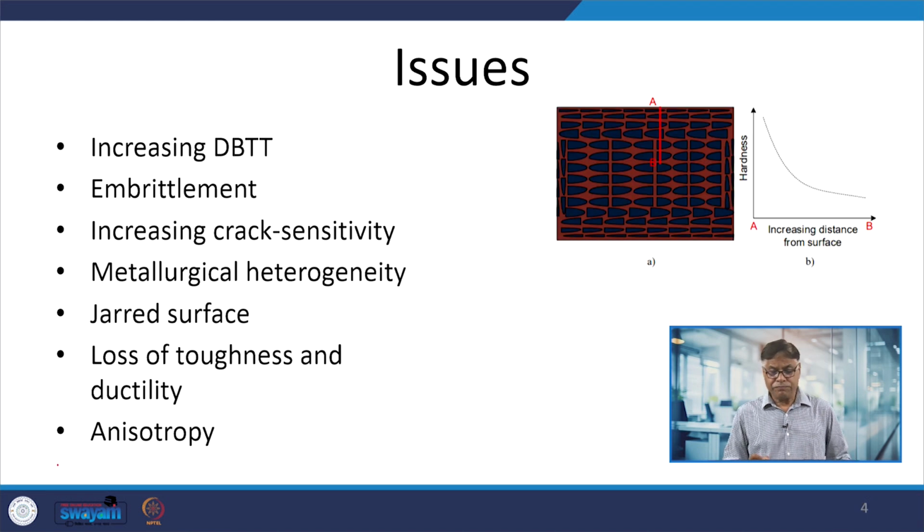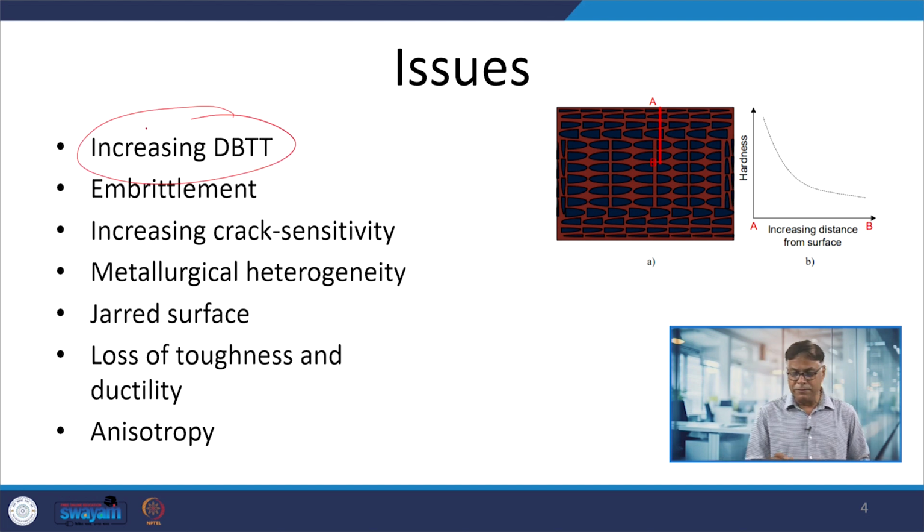Okay. So, when a material has been subjected to severe plastic deformation, it experiences a lot of undesirable changes, especially under low temperature conditions, such as an increase in the ductile to brittle transition temperature. Usually materials may show very good toughness at a high temperature. Say this is 0 temperature, this is the high temperature and this is the low temperature side.